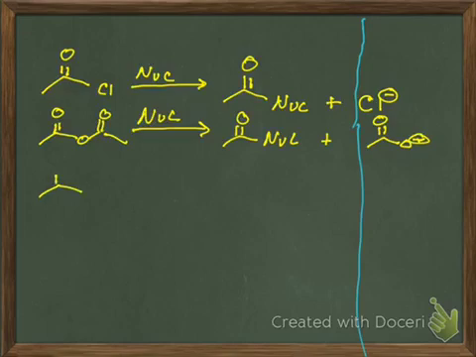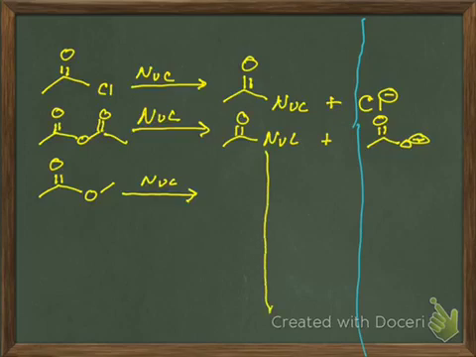For an ester, we're not even going to talk about the acid because we've had several discussions about OH being a crappy leaving group. But for an ester with the nucleophilic attack, we're assuming that structure is going to be the same through all of them, plus that, the alkoxy anion.